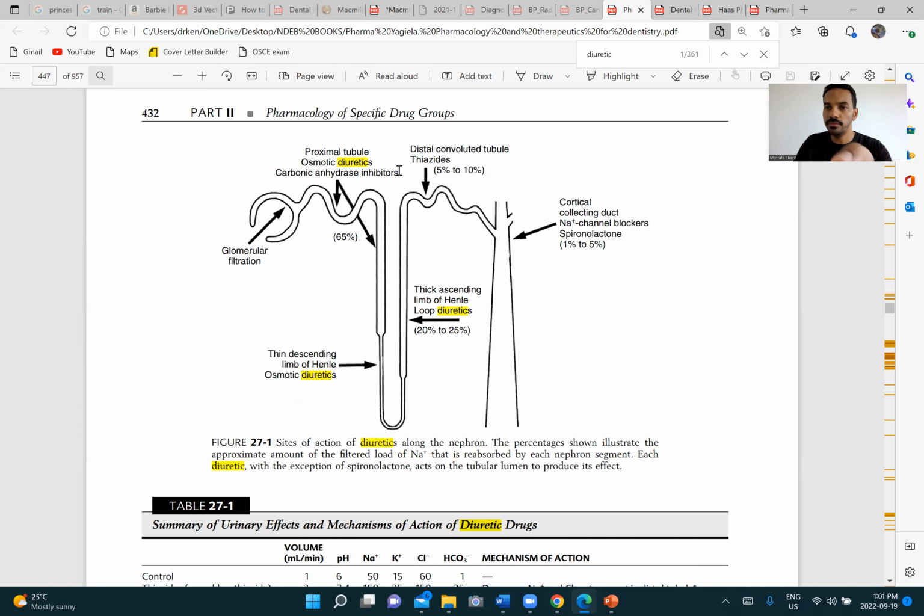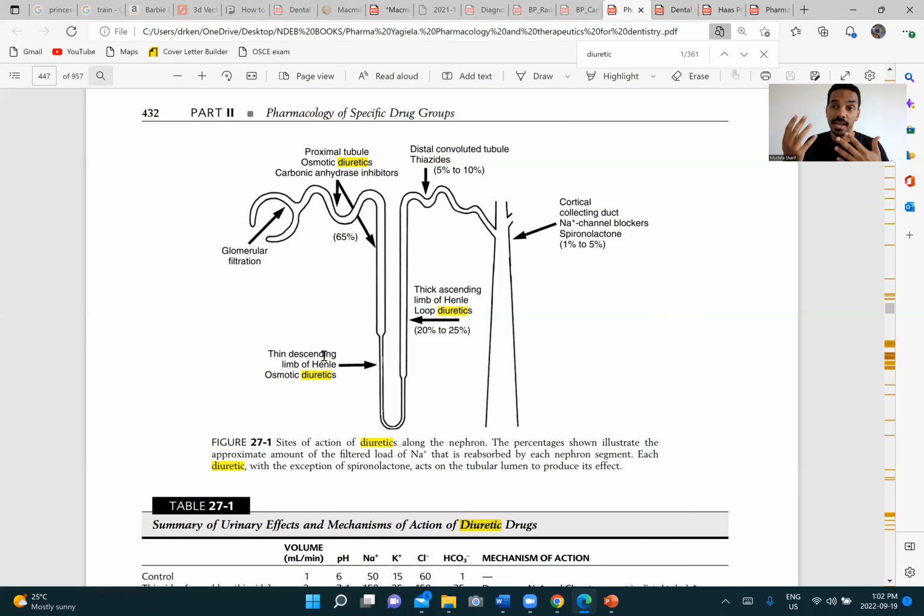Take a screenshot, for example, of this from the book, because now you want to know where the loop diuretics work and the different names of the loop diuretics as well. You also want to know about what works in the collecting duct, and what about the proximal convoluted tubule. So now you know that the diuretics is an important category, and now you have a question about that.